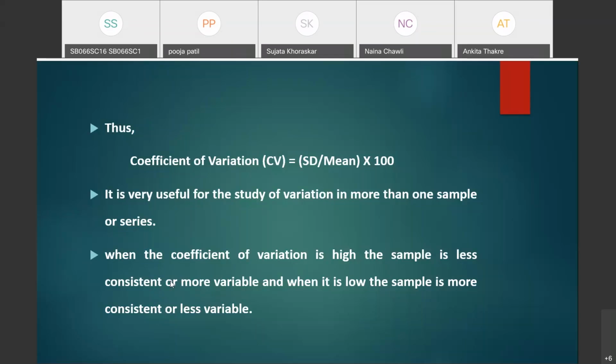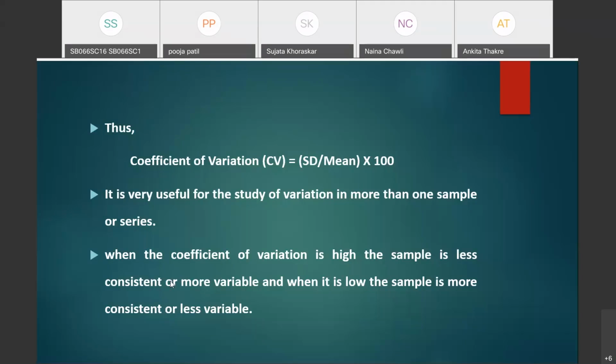This measure is very useful for the study of variation in more than one sample or series. Suppose there are two samples. If in one sample the coefficient of variation is high, then we can say the sample is less consistent, or more variable.